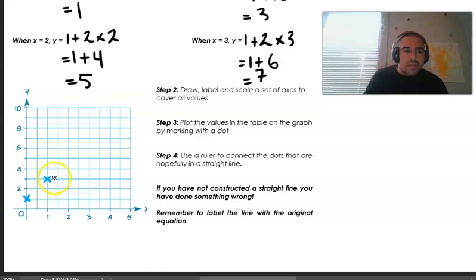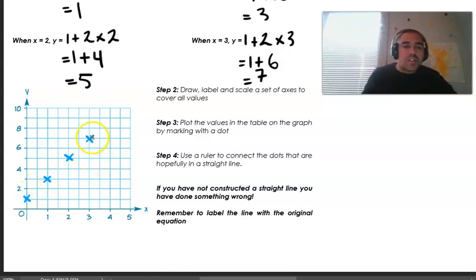When x goes up by 1 value, the corresponding y value goes up by 2. Now, I'm purposely saying that when x goes up by this amount, y goes up by this amount, because these sets of characteristics, which we'll learn later on, have specific names, namely y-intercept, which is here, and gradient or slope or steepness, which is how much the graph is going up by as it goes along the x-axis.